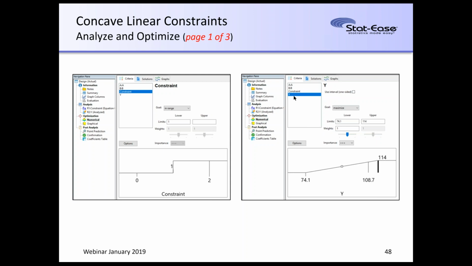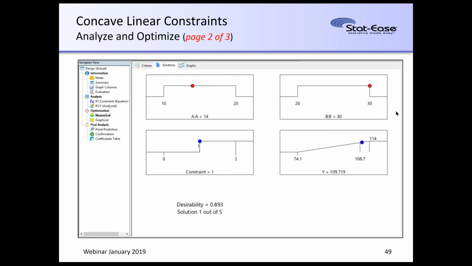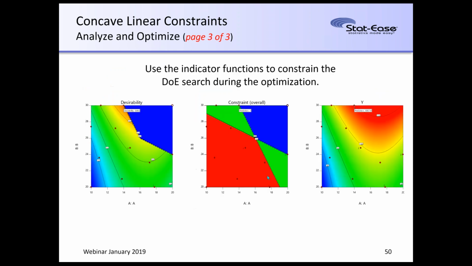Then let's say I want to maximize the response. So let's say I had some data and I analyzed it. So when I go in here, I'm going to try and optimize it. It finds the value of A, the value of B, the value of Y, but it doesn't go into the region where I have zeros. So that looks like this. Here's my desirability function.